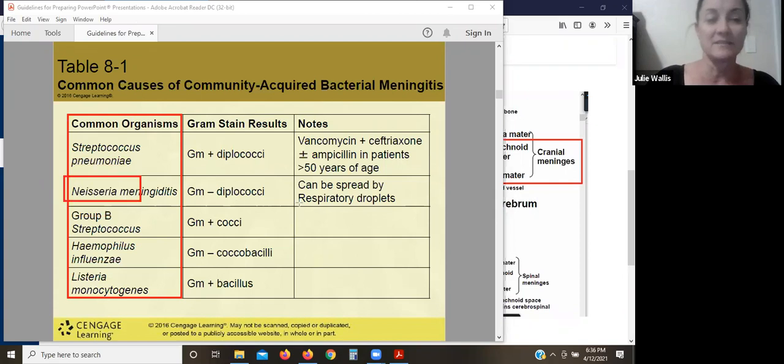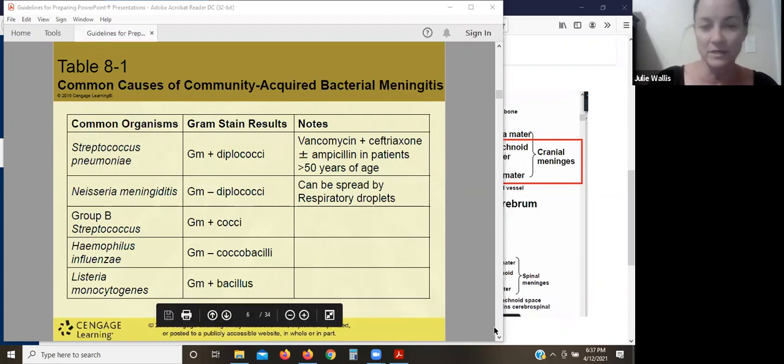Just as a hint, your book makes a particular note about the fact that Neisseria meningitidis is spread by respiratory droplets. So the previous slide just said that all of them are, but this is one that your book makes a special note about there. So those are all of those different ones.